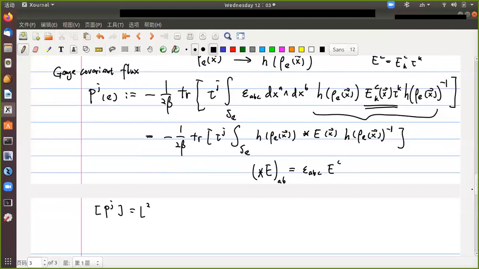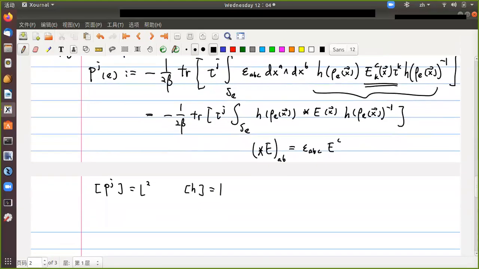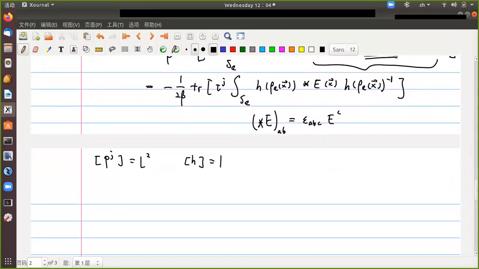So the dimension of P is area. But the dimension of holonomy is one. It has no dimension because it is an exponential. So holonomy is an exponential, and the result must be dimensionless. So this flux is dimensionful, and sometimes it is useful to define a dimensionless flux.